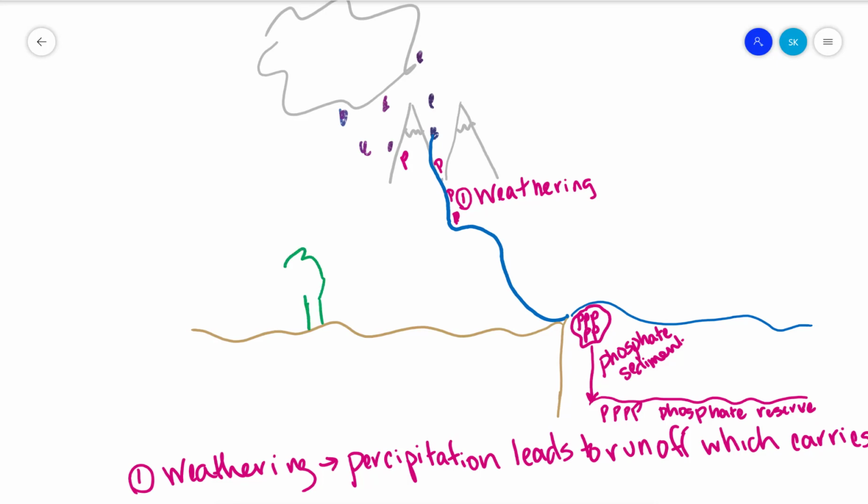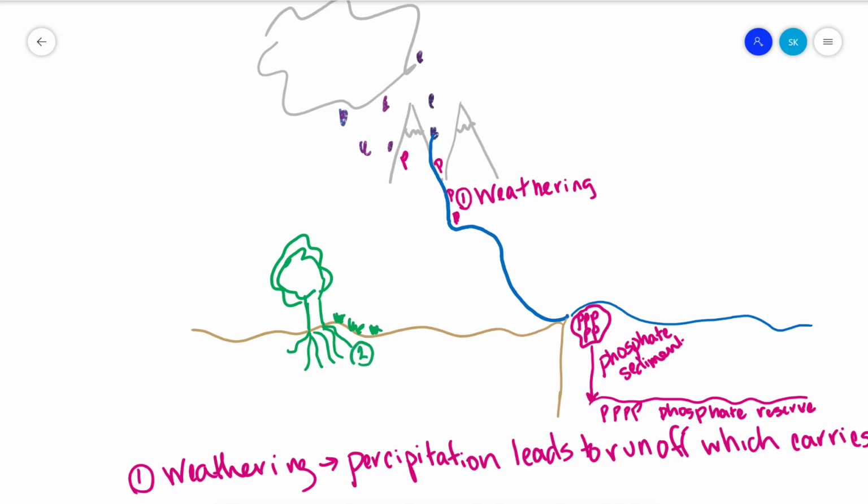A little tree. Okay, and this is another one where the roots are important. So we got tree roots. We got a big tree here and some grass. Okay. All right. So the weathering of the rocks is going to carry this phosphate into the soil. So the weathering's number one.